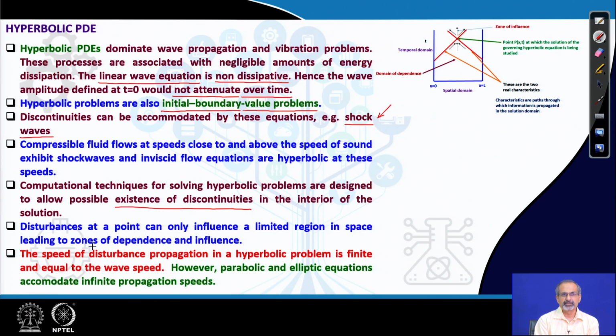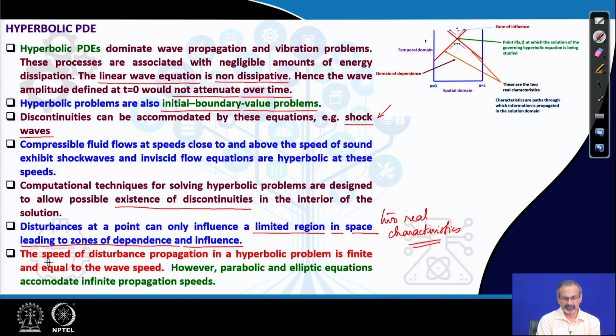And again, disturbances at a point can only influence a limited region in space, leading to zones of dependence and influence, which we have seen earlier. We discussed the existence of two real characteristics which have distinguished those regions.